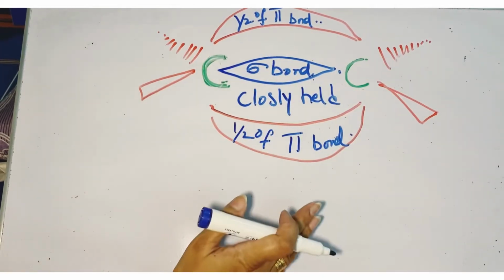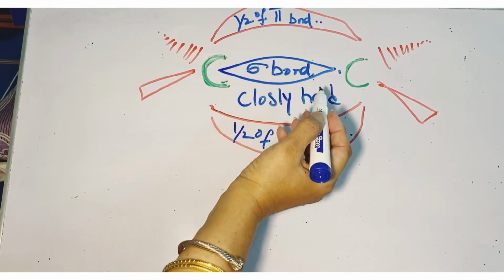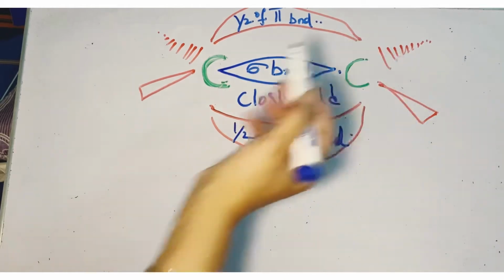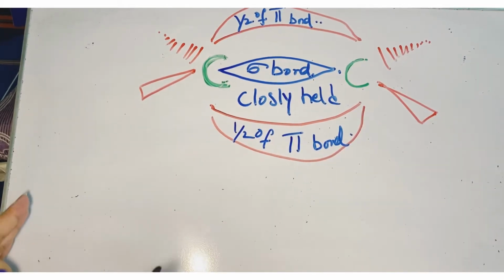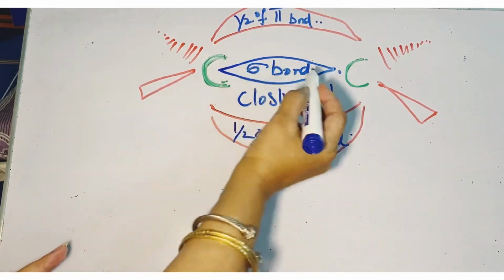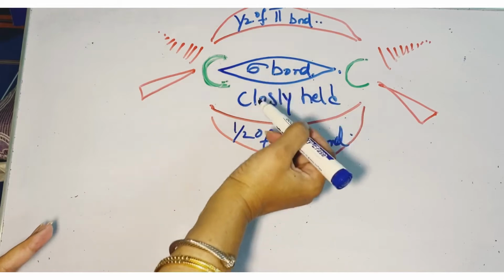Now this figure simply illustrates a pi bond with the electrons to be seen away from the carbon nuclei, the electrons that are away from the carbon nuclei and are loosely held.